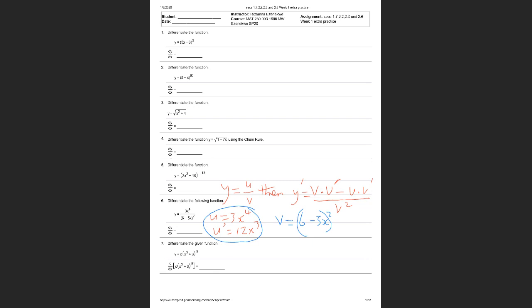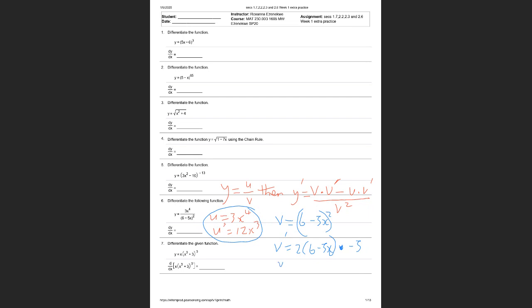So for v prime, I'm going to use chain rule because this is a composed function. And so I have 2 into, bring down the inner function, 6 minus 5x to the power 2 minus 1 is 1, multiplied by the derivative of this inner function, which is negative 5. Then simplify.